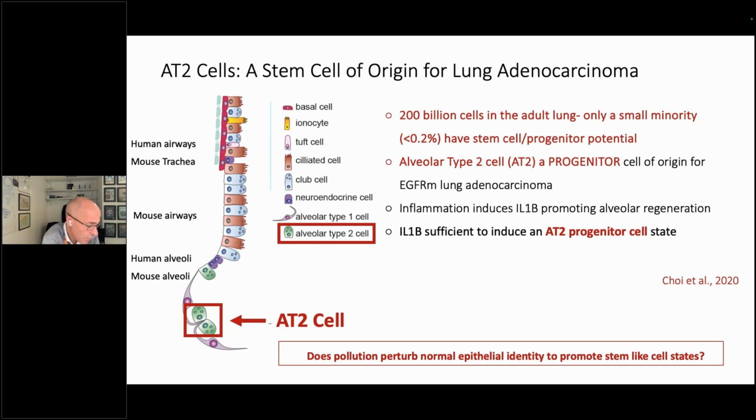Now that, in combination with the hot oils and the chili, I would contend acts as an irritant that would cause a wound healing reaction in the lung, and for these alveolar type 2 cells to be mobilized and wound healing to occur and gas exchange to be made more proficient after the damage due to the hot cooking oils. But these AT2 cells also are the progenitor cell for lung adenocarcinoma.